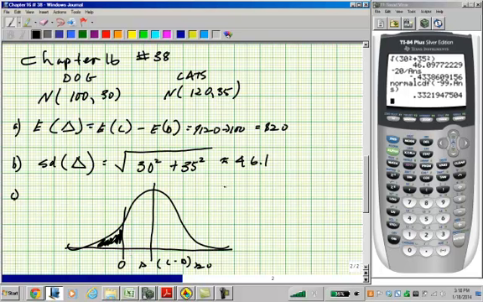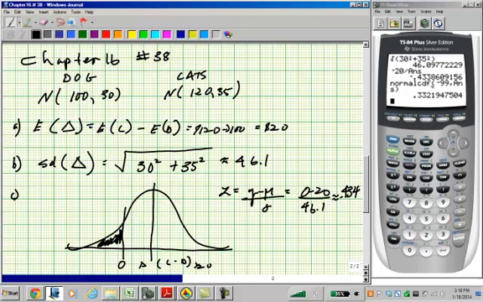So first we'll find the z-score. Z equals y minus mu over sigma, which equals 0 minus 20 over 46.1, which is approximately equal to negative 0.434. Again, you can see that on the calculator. I've done it over here.